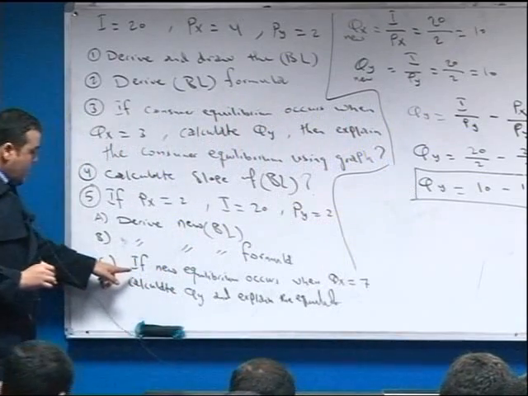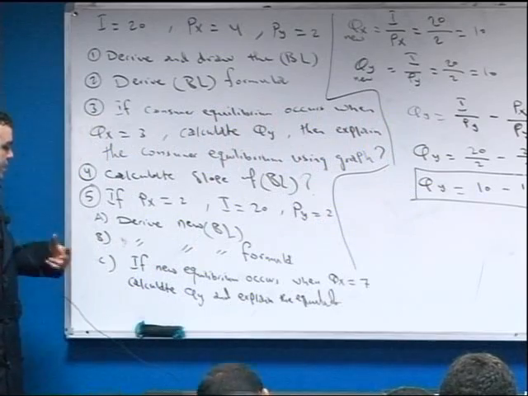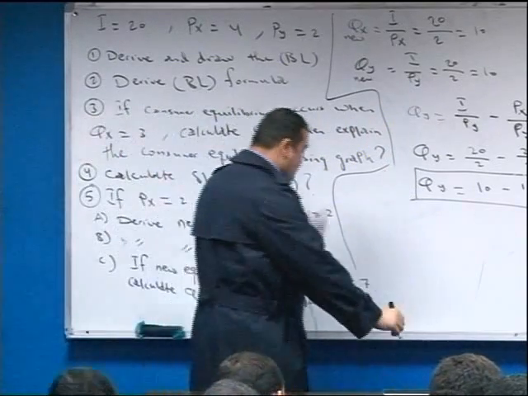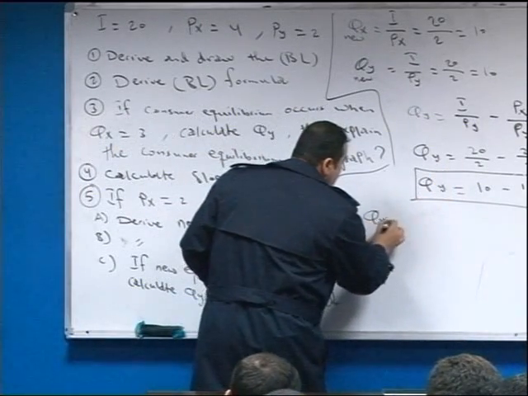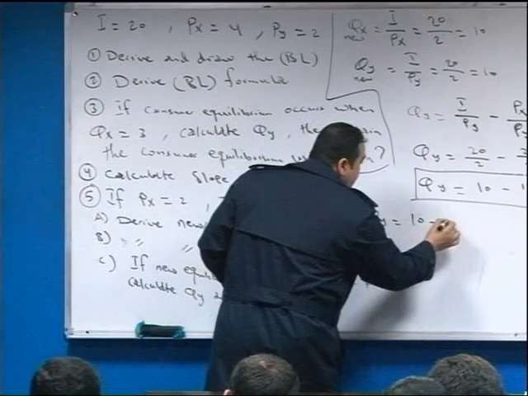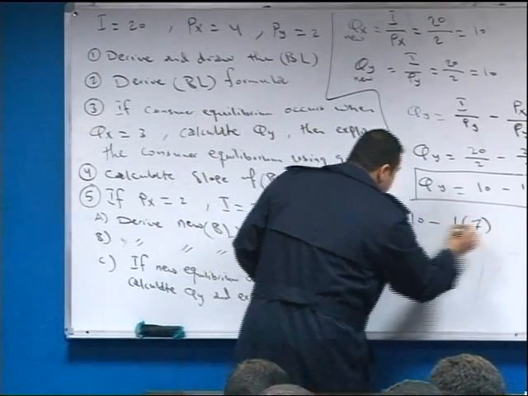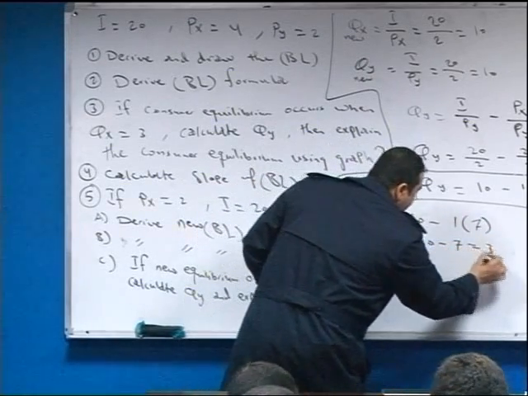Okay. The question is, if the new equilibrium occurs when Qx equals 7, calculate the Qy and explain the equilibrium using a graph. So Qy equals 10 minus 1 times 7. So Qy equals 10 minus 7 equals 3.